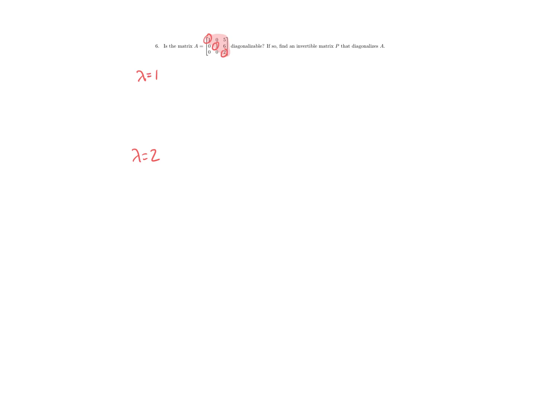Now what I'm noticing here is that the eigenvalue 1 appears twice in my characteristic polynomial, and so I just need to make sure that the eigenspace is a 2-dimensional eigenspace. So let's start with lambda equal 1 and see what we can get. If I subtract 1 from the diagonal, I'll get 0, 0, 5, 0, 0, 6, 0, 0, 1.